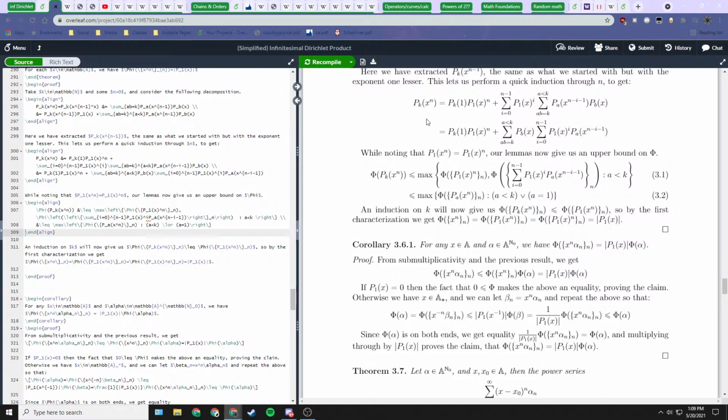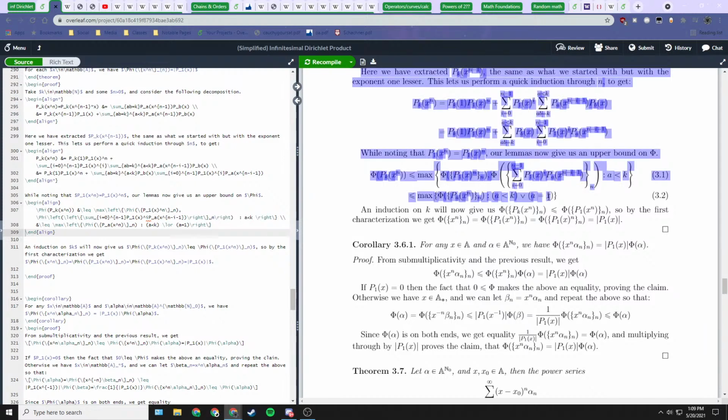And so ultimately, our phi value of this first projection is bounded by the maximum of all of these phi values. But these are just the phi values, right? So on k, these are just the phi values of the lower indices a, which are either less than k or equal to 1.